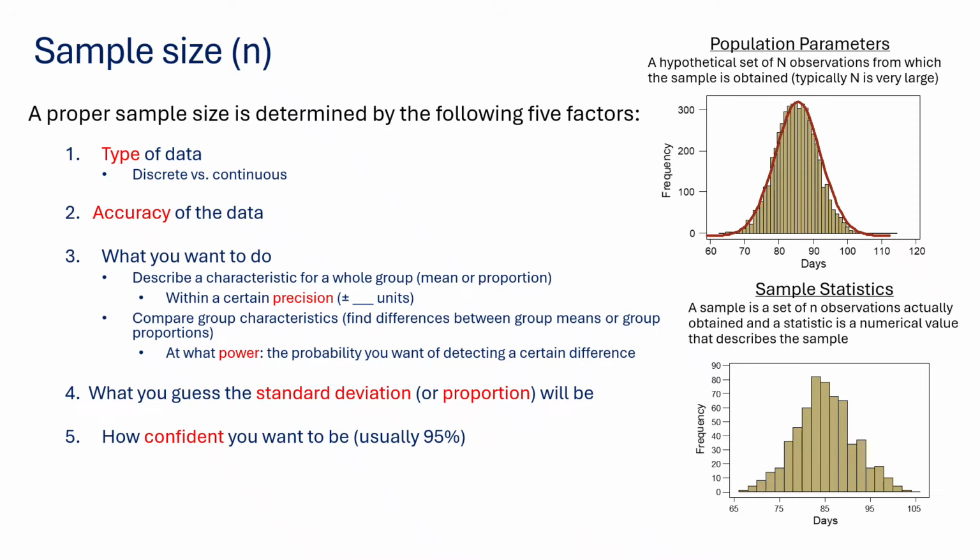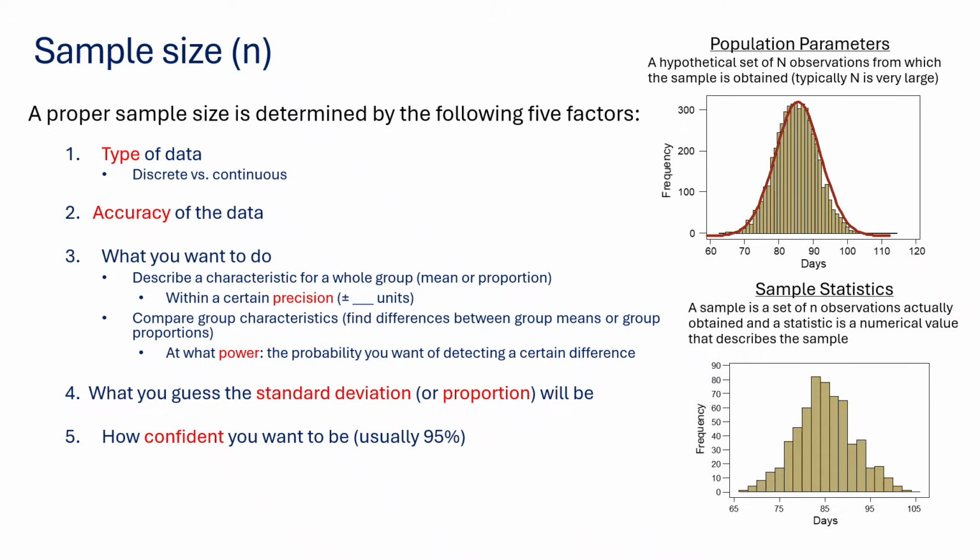Interestingly, the sample size calculation involves a lot of factors. The first point is the type of data, which is discrete or continuous, accuracy of the data, and the precision allowed in the process. And if necessary, we can also include power of the tests, whatever you are going to test in the whole process, and a small guess about standard deviation or proportion.